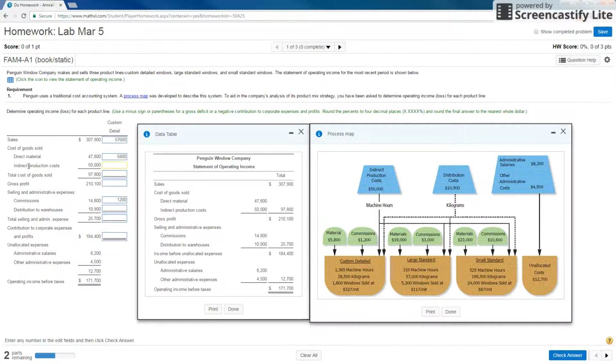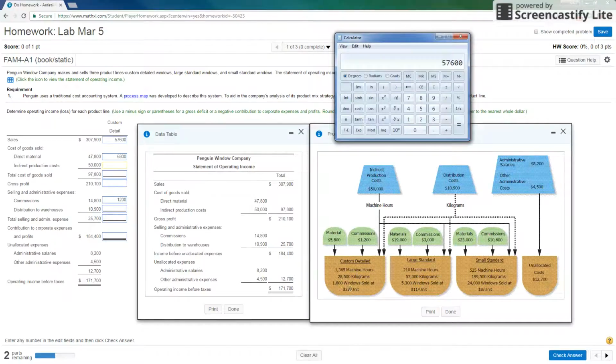Now we have to find the indirect production cost. The indirect production cost is $50,000 among all 3 products, and the cost driver they are telling us to use is machine hours. First of all, we have to calculate the cost per machine hour.